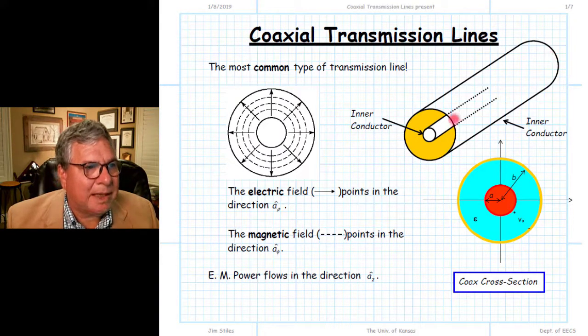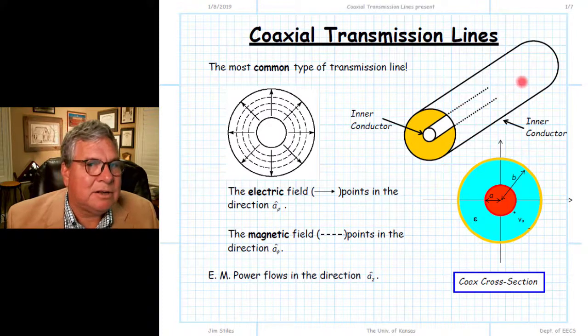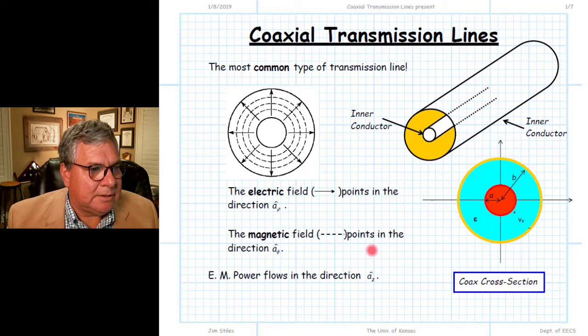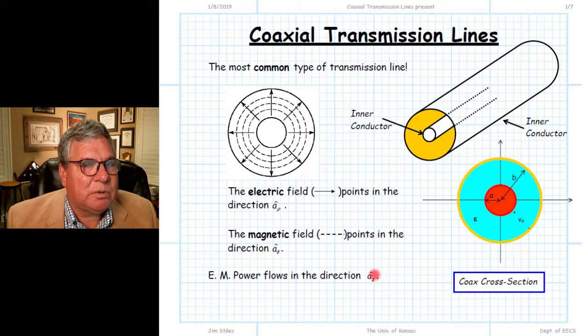It'll propagate down the line in one direction or the other, or as we'll find later, generally both simultaneously. The direction of power flow, then: an electromagnetic wave carries energy along with it, and so the energy is carried in the direction of a sub z.